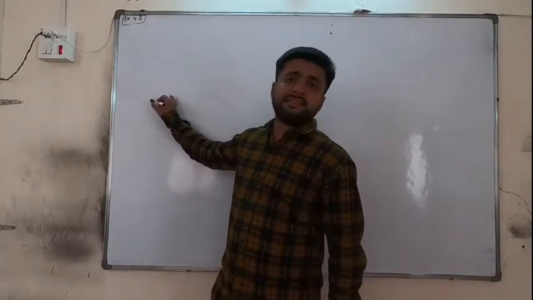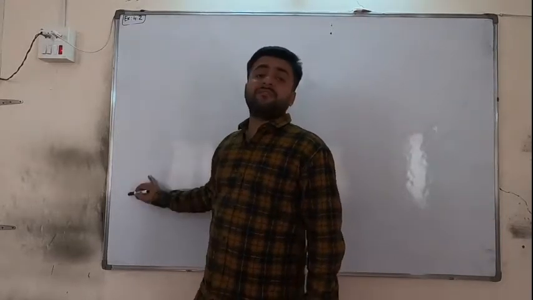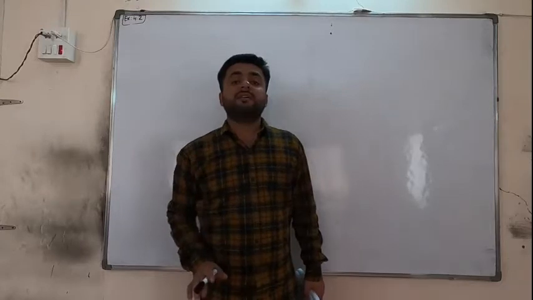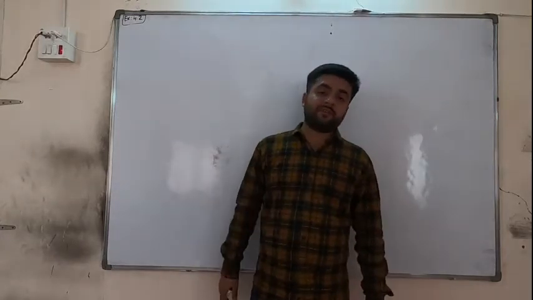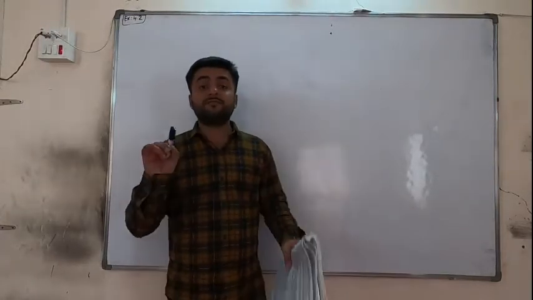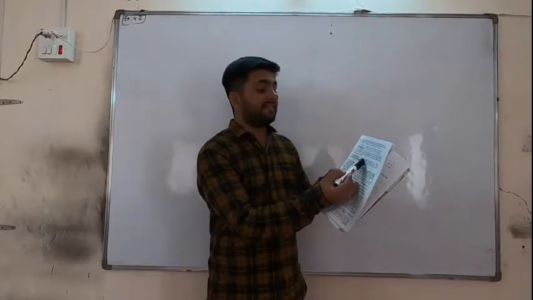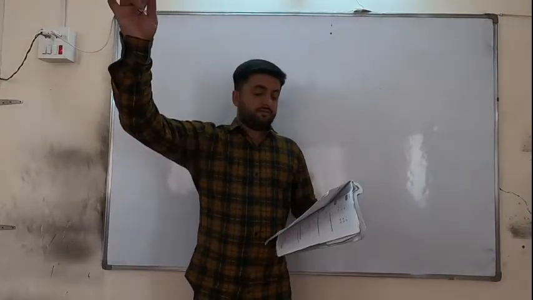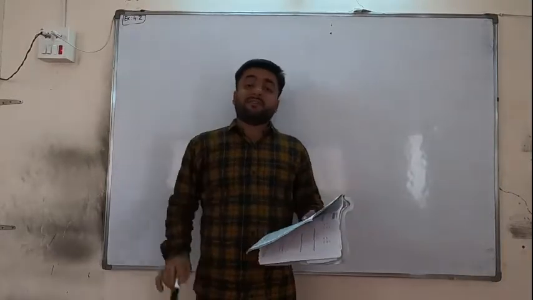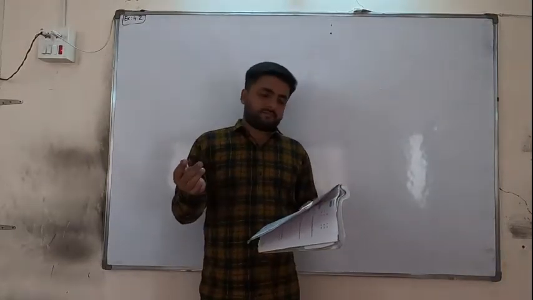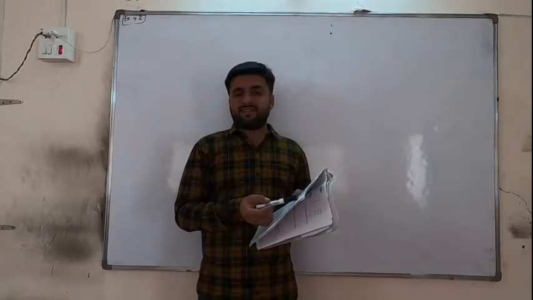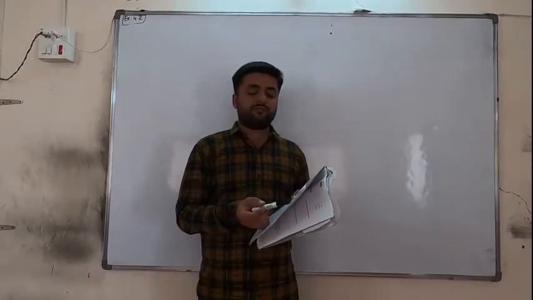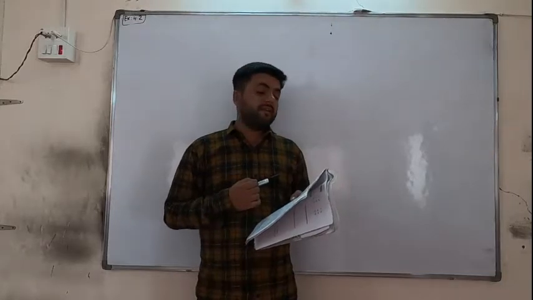Now, as I said, in the earlier sum the difference of years was 1, so if it is 6, the next value will be 7. But here the difference is 10. See, 1971, then 81, difference of 10, then 91, then 2001, then 2011, then 2021. So for 1971 it would be 1, then 81 is 2, 91 is 3, 2001 is 4, 2011 is 5.